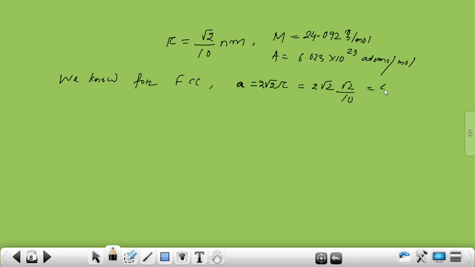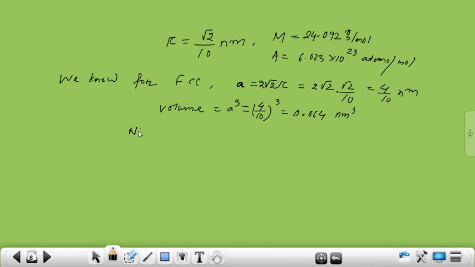So solving it, 4 by 10 nanometer. So the volume will be a cube, which is equal to 4 by 10 to power cube, which is equal to 0.064 nanometer cube.